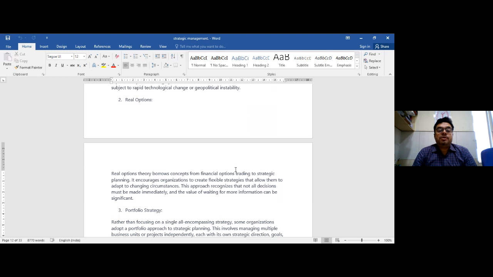It encourages organizations to create flexible strategies that are dynamic and choice can be made with regard to that. So the most feasible option needs to be chosen depending on the changing circumstances.